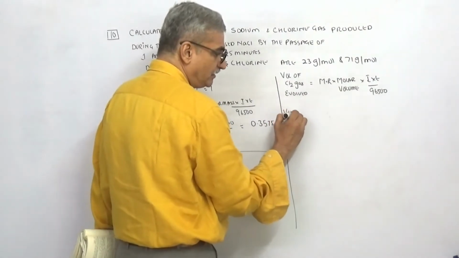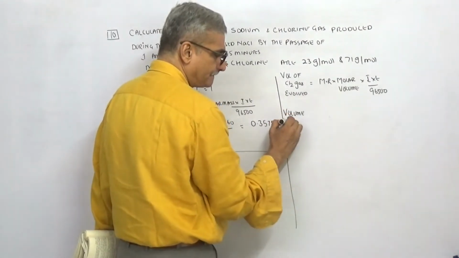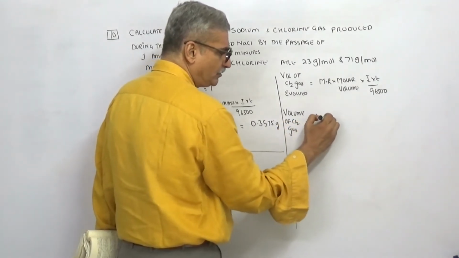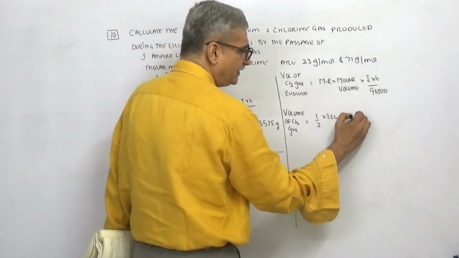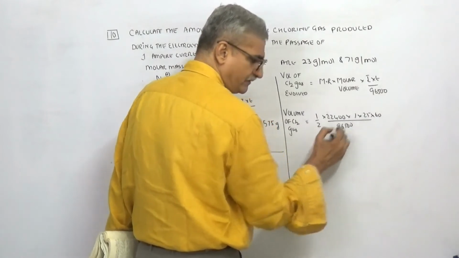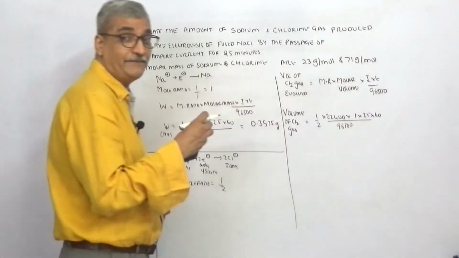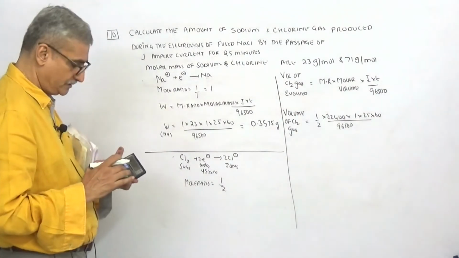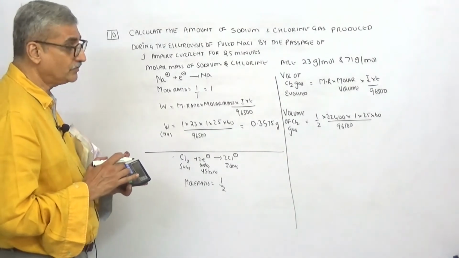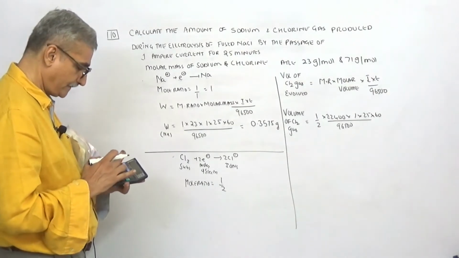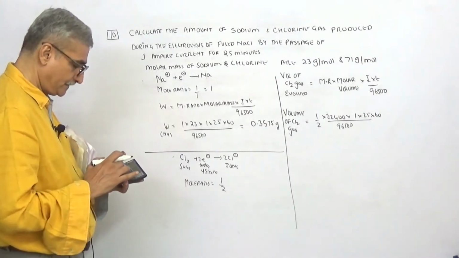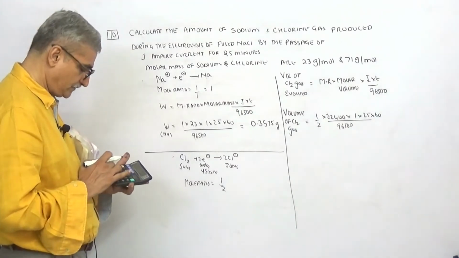So now we get volume of chlorine gas will be 1/2 into 22,400 into 1 into 25 into 60 upon 96,500. This will be volume in ml. So how much will this come to? 22,400 into 0.5 into 25 into 60 divided by 96,500.